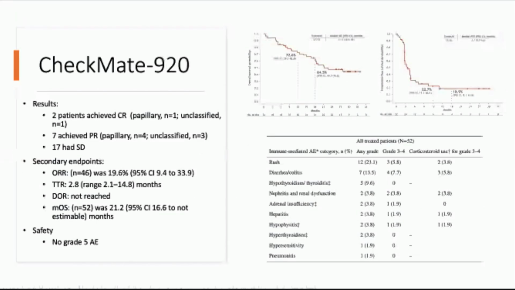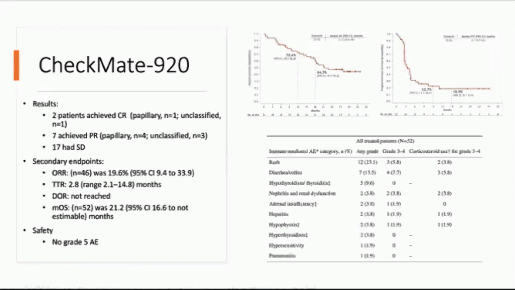So of the patients included, 2 achieved complete response, 7 had a partial response, and 17 had stable disease. The objective response rate was 19.6% with a time to response of 2.8 months. The median overall survival was 21 months.